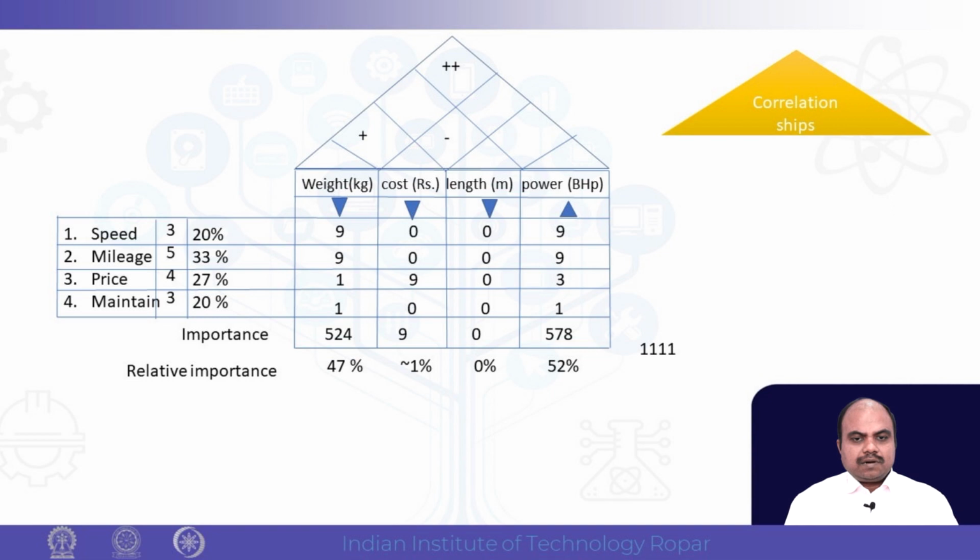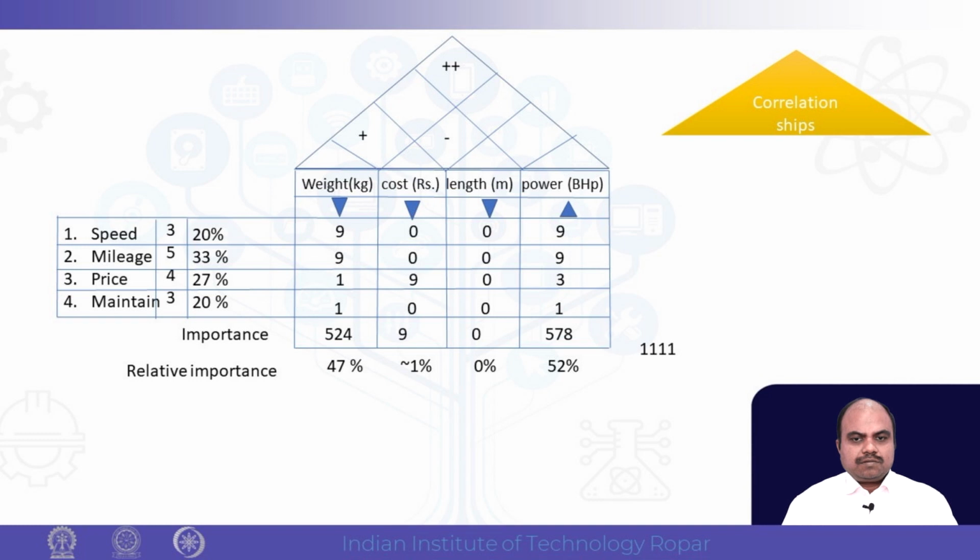And the technical requirements: weight of the vehicle, cost, length may be another technical requirement, and engine power may be another thing. And then next we have to understand what our goal is in terms of design. Ideally the weight should be as low as possible.